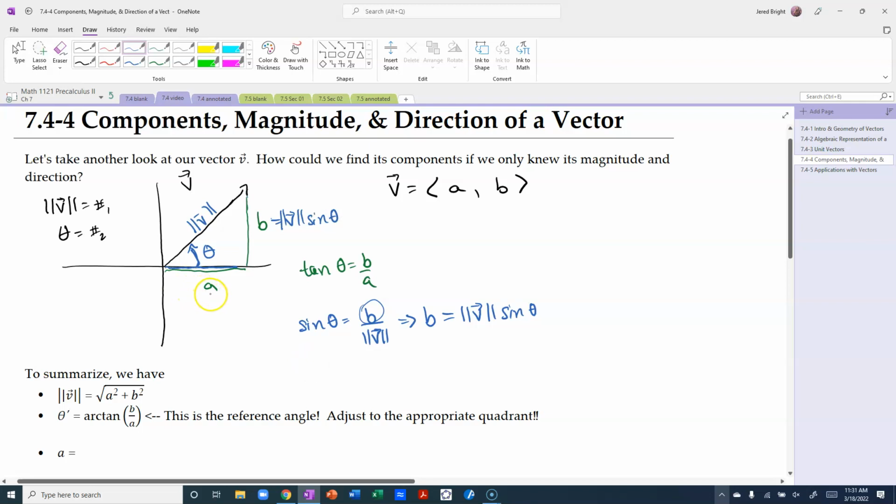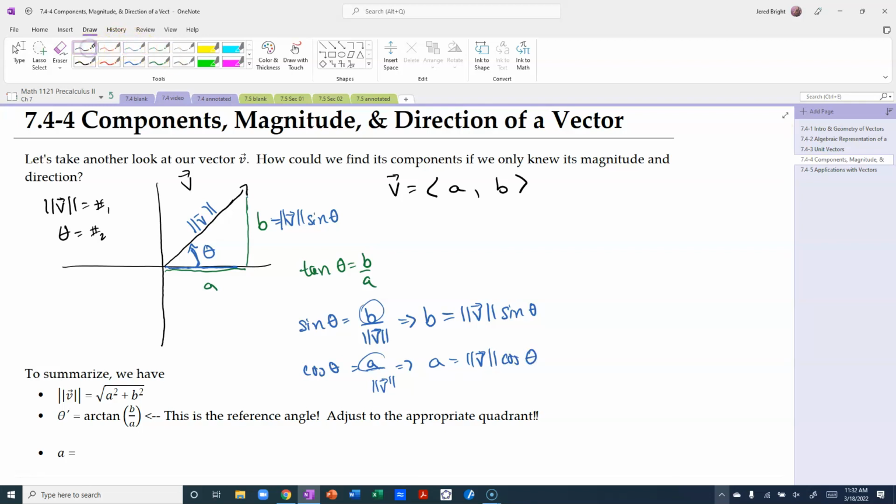Similarly, for a, I could use cosine. Cosine of theta is equal to a over magnitude of v. Solving for a, a is equal to magnitude of v cosine of theta. So what does that mean for us?